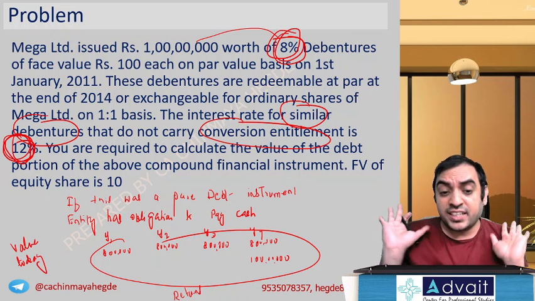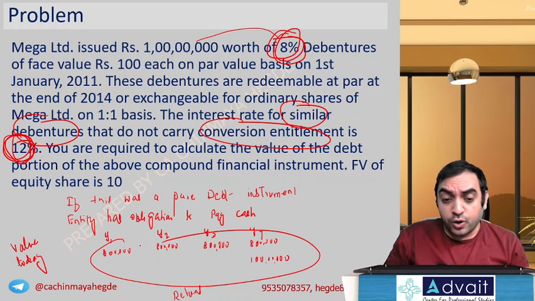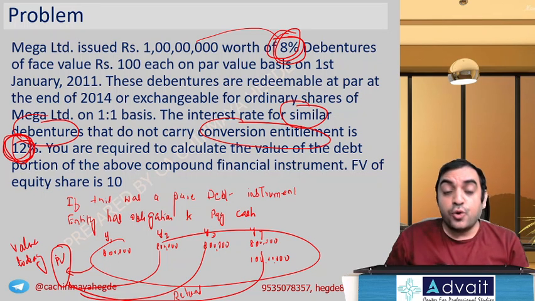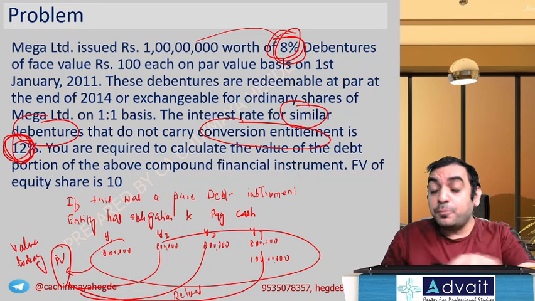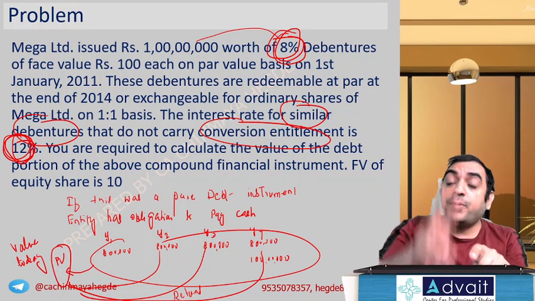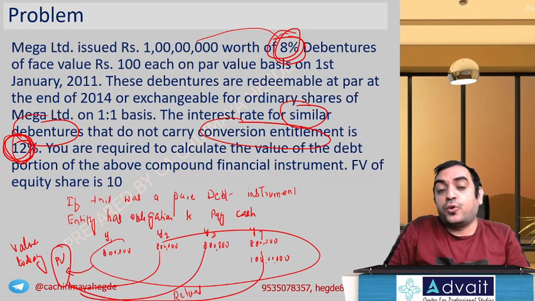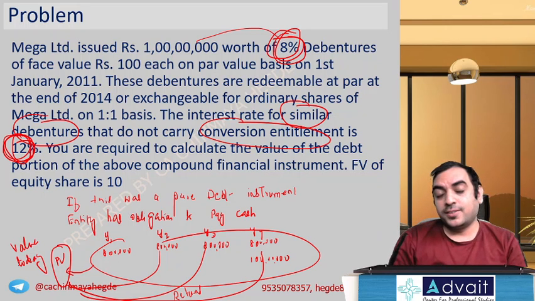I want 12% for this. Therefore, I have to discount: year 1 discount, year 2, year 3, year 4. The present value I get will be the amount that would have been invested by a person if these were the cash flows without a conversion option.